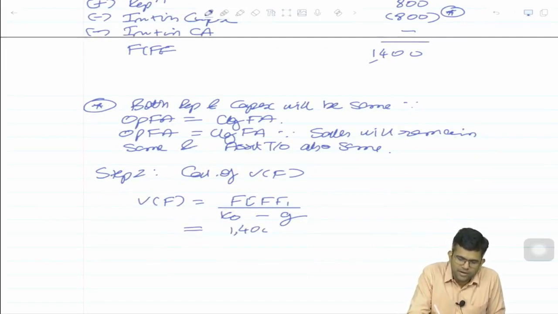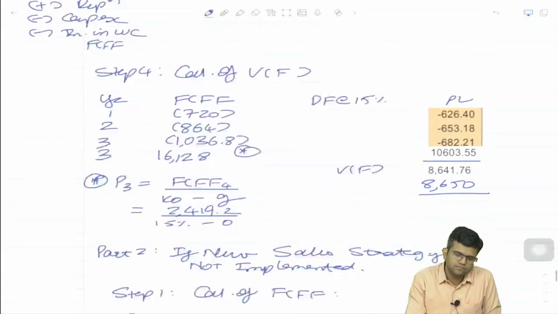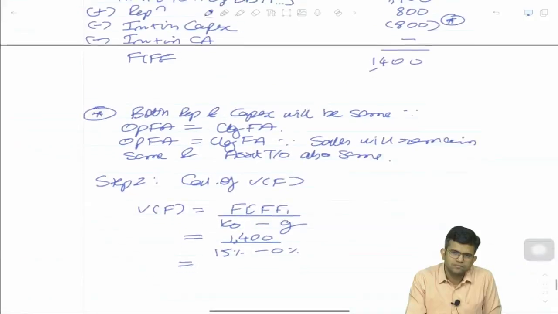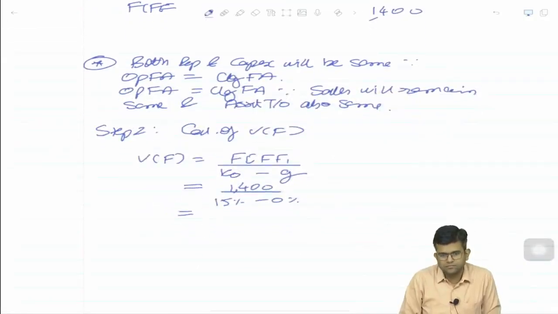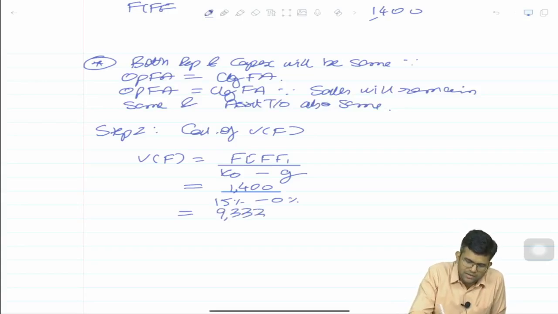This is 1400 divided by 15% minus 0%. And that comes to 9333.33.